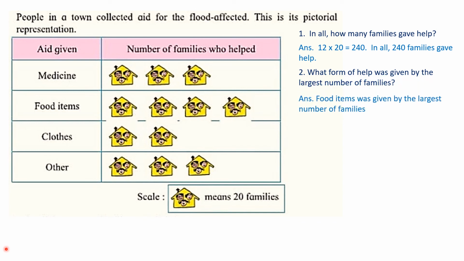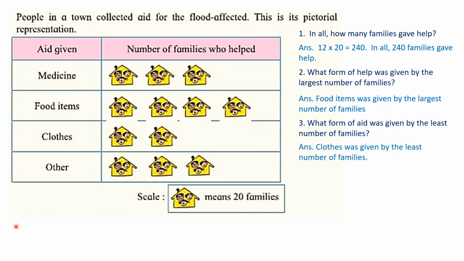Food item was given by the largest number of families. Next, third question. What form of aid was given by the least number of families? So, your least number of family picture is for cloth. So, we will write the answer. Cloth was given by the least number of families.